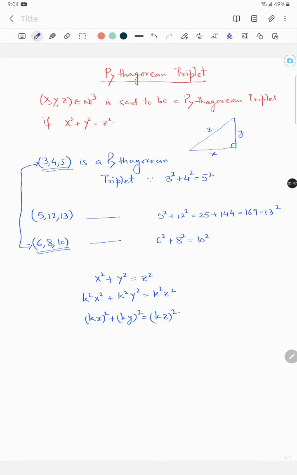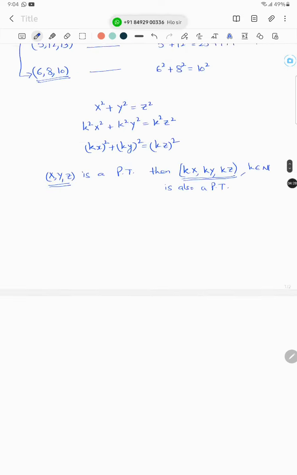So that means if x, y, z is a Pythagorean triplet, I am writing short form PT instead of Pythagorean triplet, then kx, ky, kz, k is a natural number because I want to restrict myself to N cube, is also a Pythagorean triplet. तो यहाँ पर हम क्या करेंगे, हम एक्स, वाई, जी और के एक्स, के वाई, के जी को अलग अलग ट्रिपलेट नहीं मानेंगे, हम इसको एक ही ट्रिपलेट मान के चलेंगे.